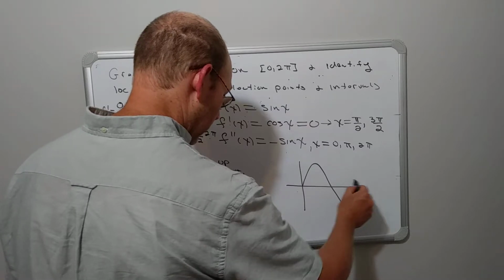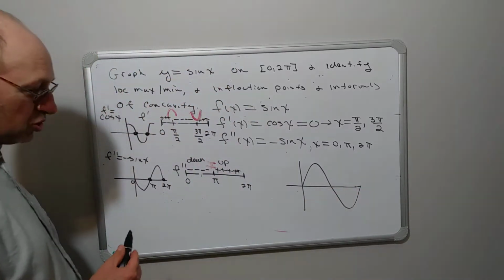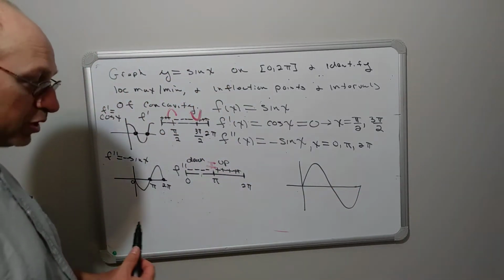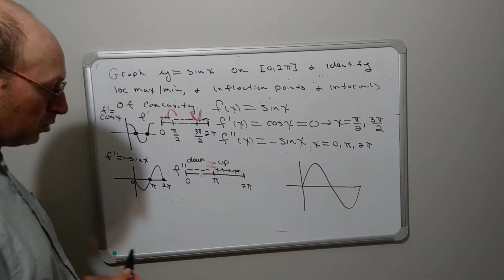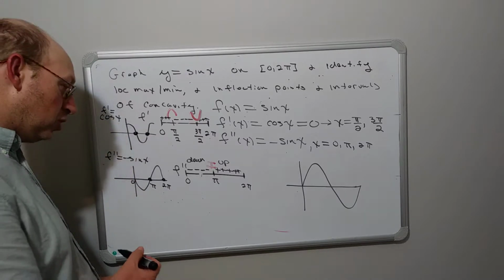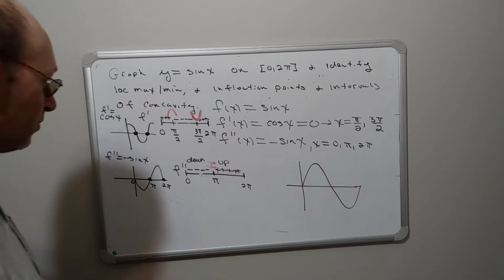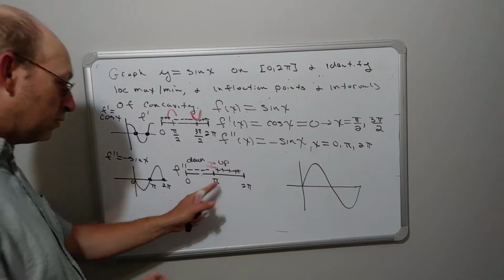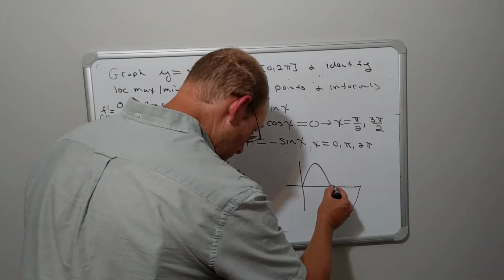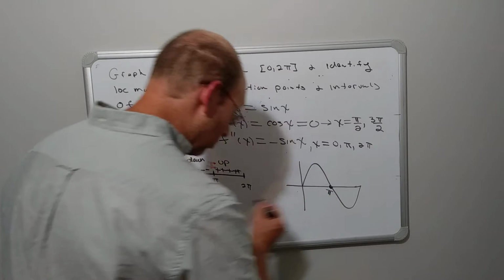Now, the calculus that we did does not tell us that it's so symmetrical. We know that already from trigonometry. But what the calculus did tell us is that there's a point of inflection right here at pi. So this really is the point of inflection.